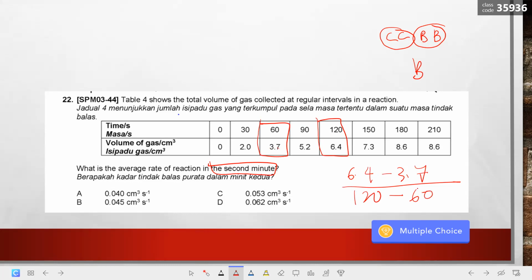What do I get? Of course that's the answer, correct. Again, the answer is B. Actually, I don't have the answers with me, so I'm doing it together with y'all, all right?